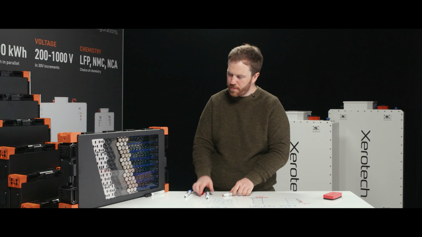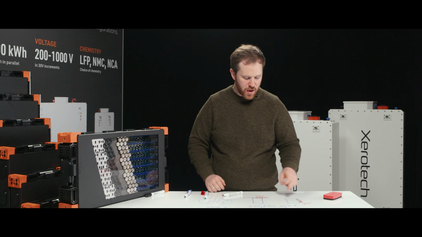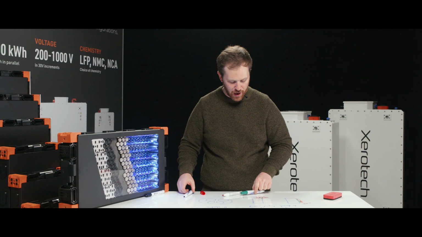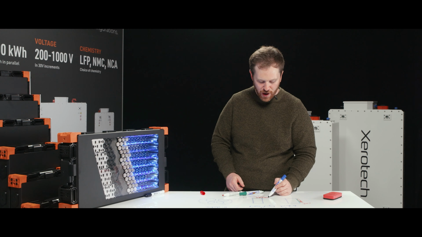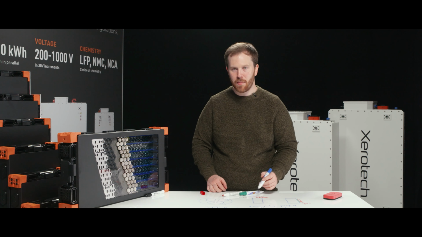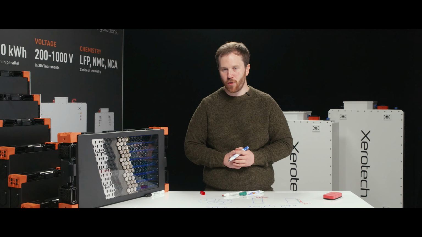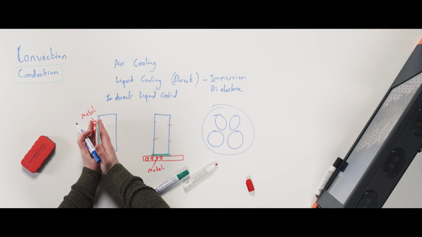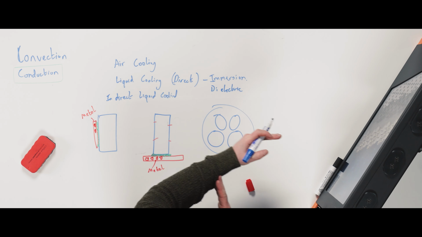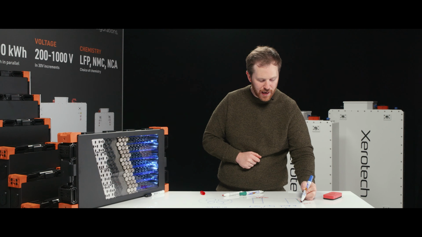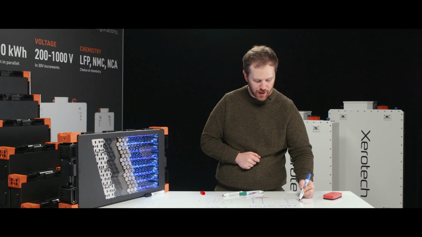Xerotech, and what you can see beside me here, uses a very thin plastic duct. In all of these cases, the metal has a very high heat transfer capability, on the order of hundreds. The TIM is on the order of 1, 2, 3, or 4, because it comes down to the thickness of that insulator. Thin insulator, higher heat transfer flows through it. At Xerotech, we basically eliminate the metal entirely.